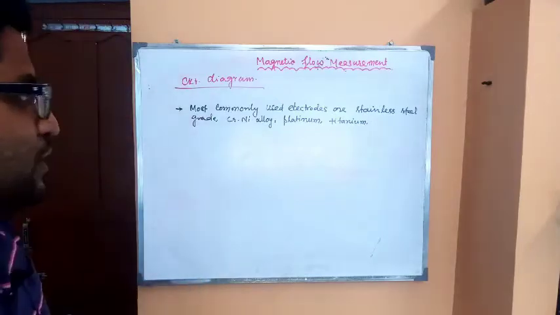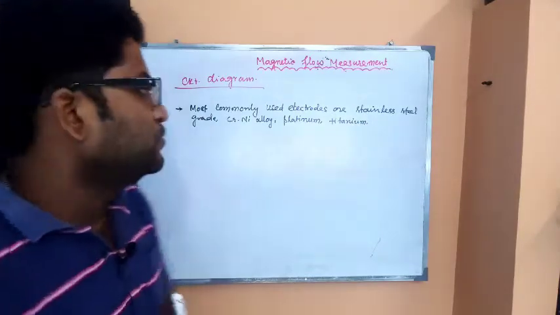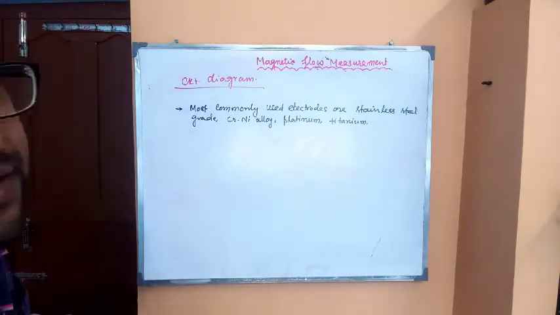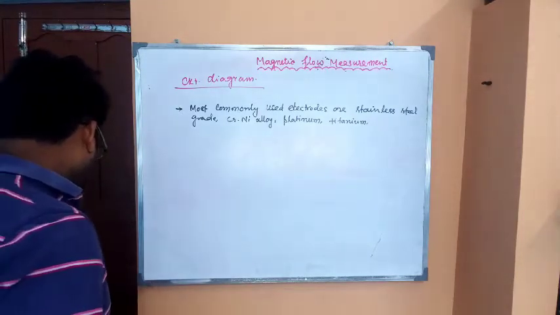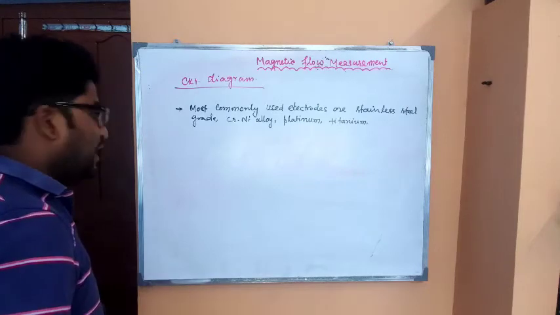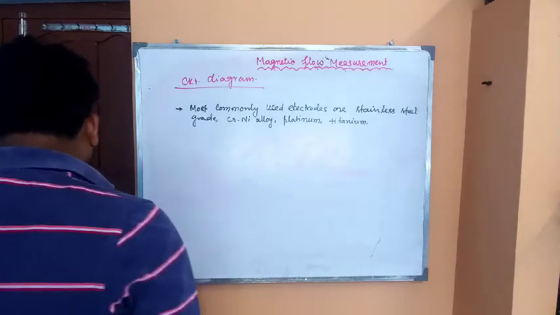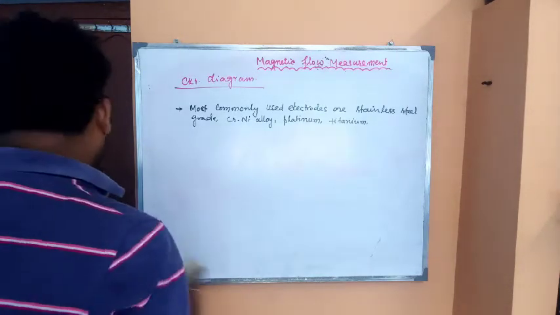So these are the electrode materials which are used as an electrode in an electromagnetic flow meter. Okay, now what are the benefits of magnetic flow meter or electromagnetic flow meter?